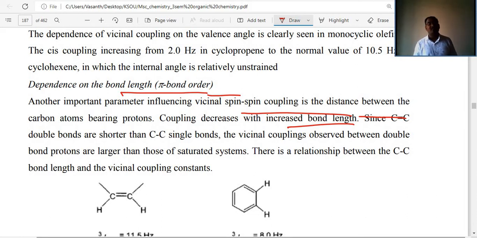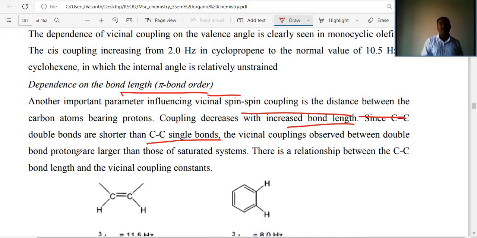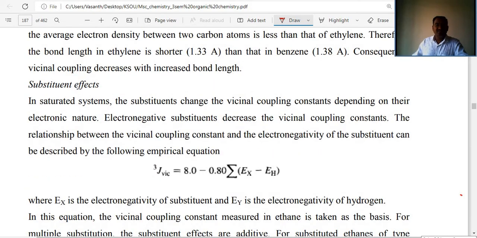Since carbon-carbon double bonds are shorter than carbon-carbon single bonds, the vicinal coupling observed between double bond protons is larger than that of saturated systems. The substituent effect.